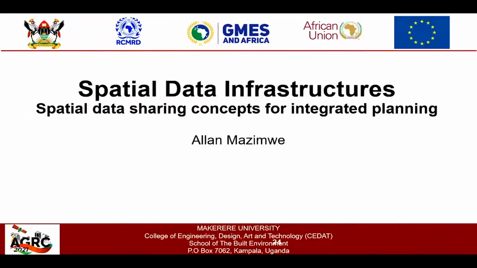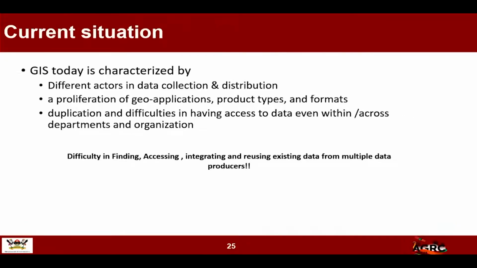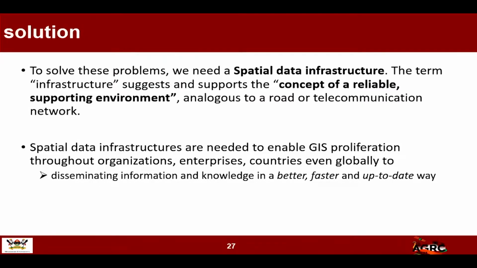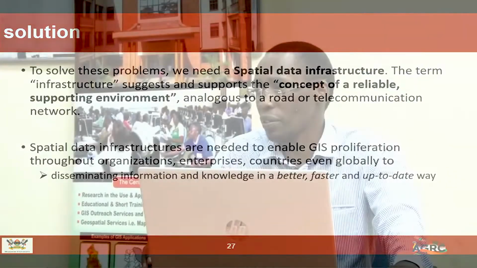And then later on, we went to the data infrastructures. For the data infrastructures, we tried to tell you that we have different challenges here in the country, and the only way we can solve them, the challenges in data sharing, is by using an infrastructure that provides a reliable environment for us to be able to share data.